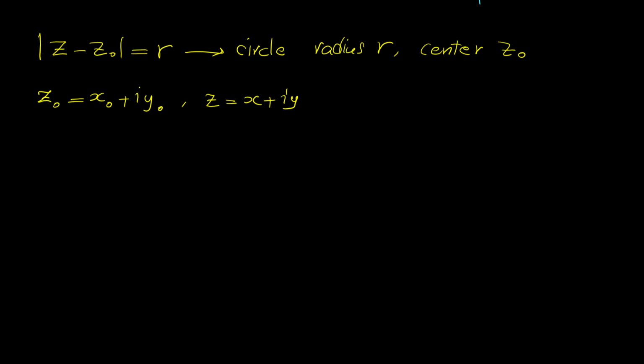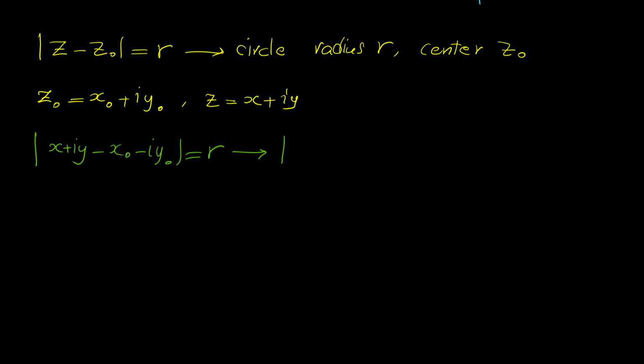So here I want to try to show that this equation shows a circle with radius r and center z0. To do so, the center of the circle, which is z0, can be written in the form of x0 plus iy0, because any complex number can be shown in this form. And instead of z, we substitute x plus iy. If we substitute these in this equation, then we have absolute or modulus of x plus iy minus x0 minus iy0 equals r.